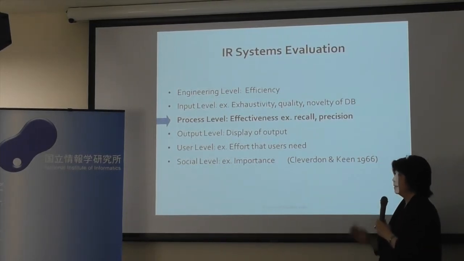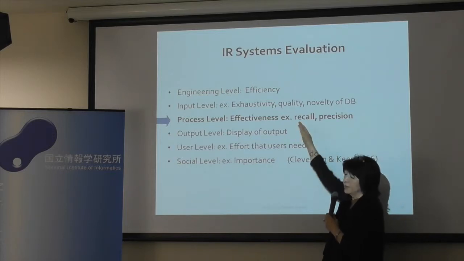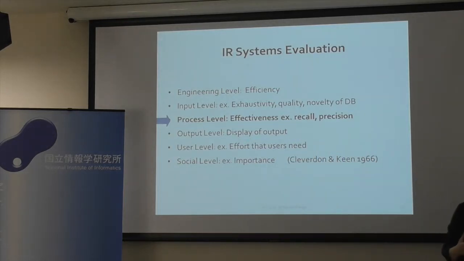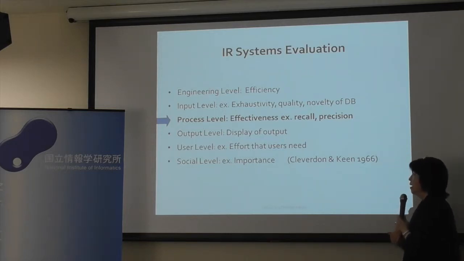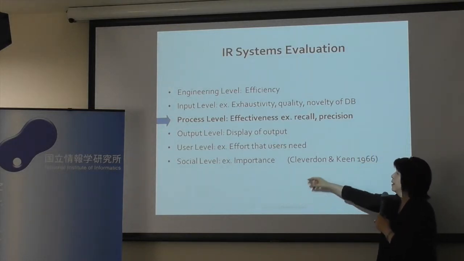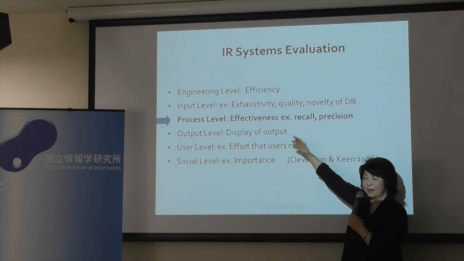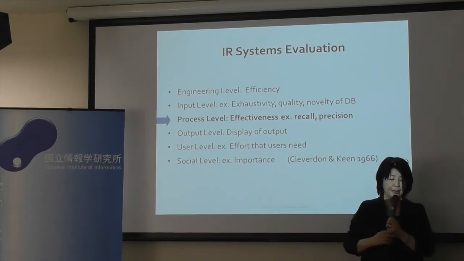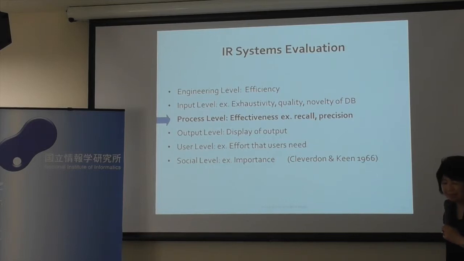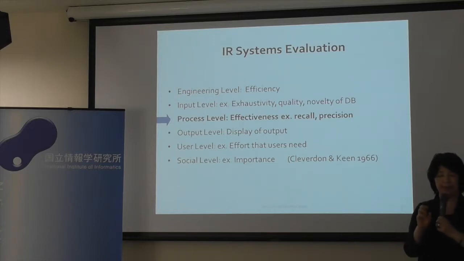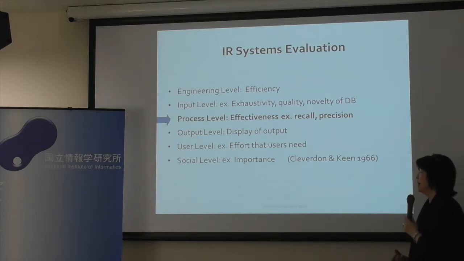But mainly in NTCIR, we focus on the process level, meaning how effectively technology obtains information from a vast collection of data. There are many aspects we can focus on, but in the real world, all the aspects need to be evaluated. So NTCIR cannot evaluate all the aspects, but focuses on the more core aspects of the engine of information access mechanisms.